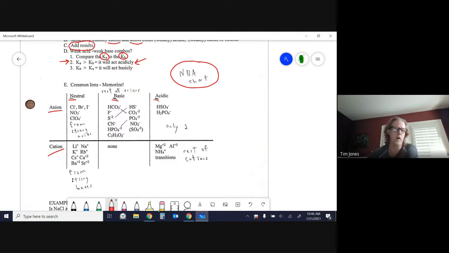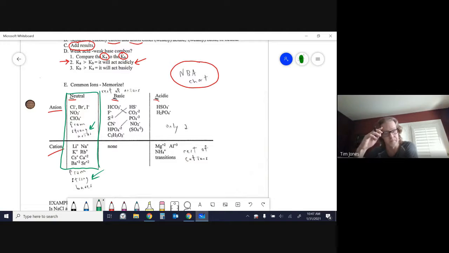Fortunately, you already know the entire neutral column. The reason is because these are the ions that are from the strong acids and the strong bases.